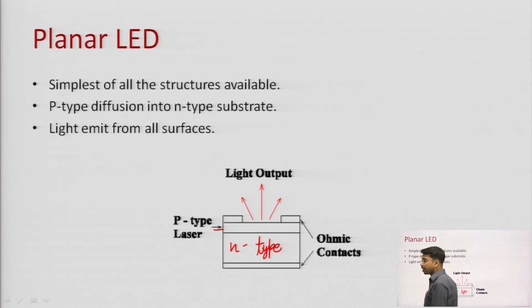So this is P type. P type is very thin, so that light can come out, because electron hole pairs will recombine in the junction region, so that light can come out through the P side. So this is very thin.